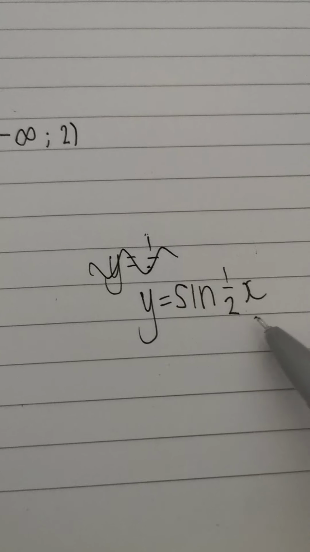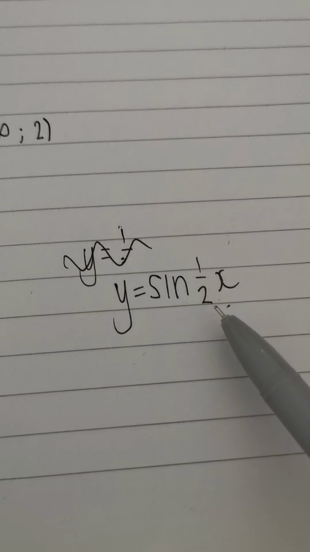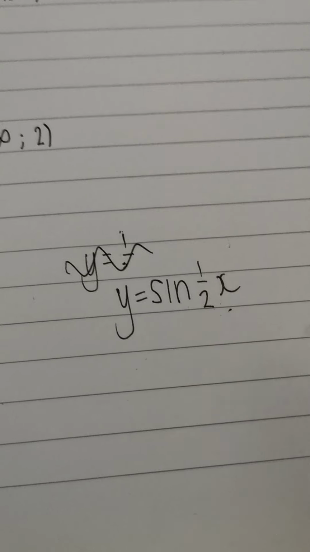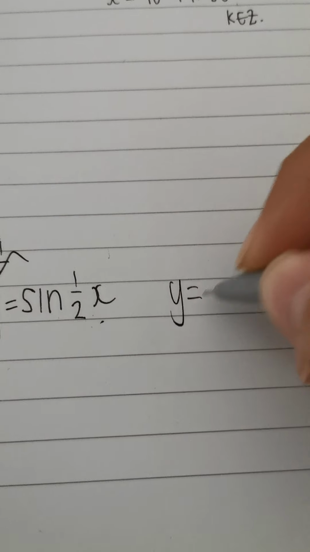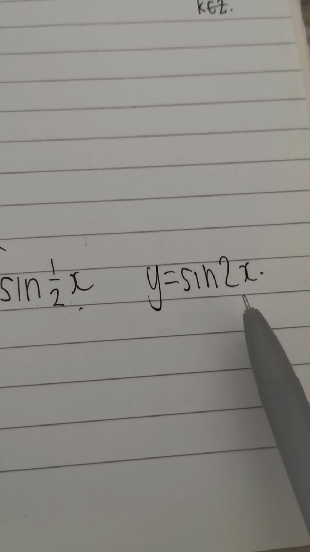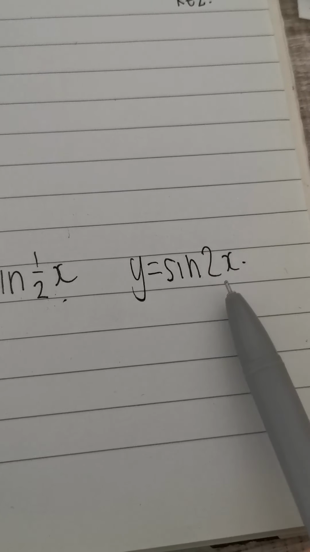If I do this here, what it means is in 360 degrees, I will only be able to see half of my original sine graph. That's what it means, right? If I had to give you a graph like this, sine 2x, it means in my original period of 360 degrees, I would see my graph repeated twice.